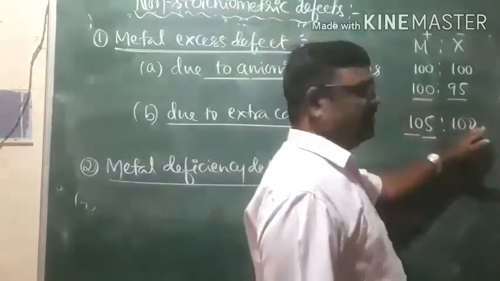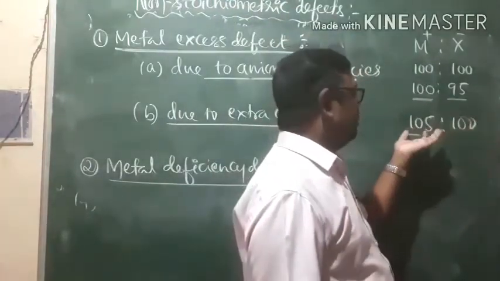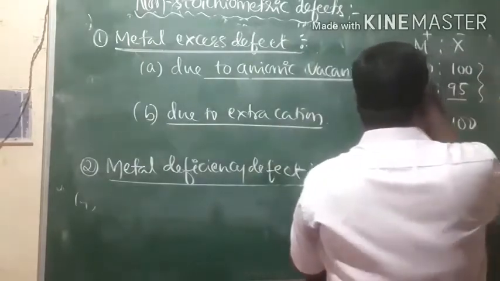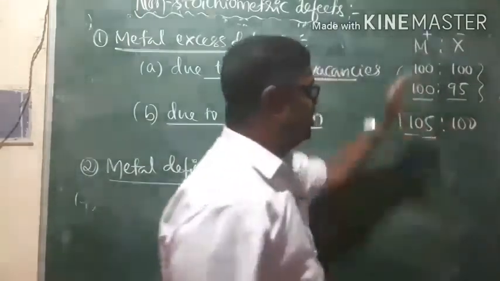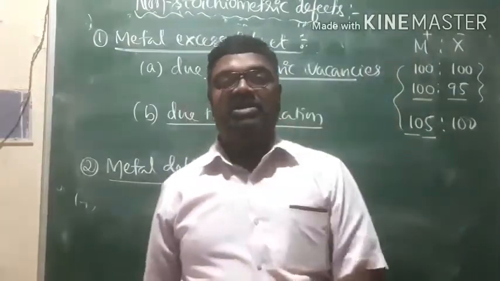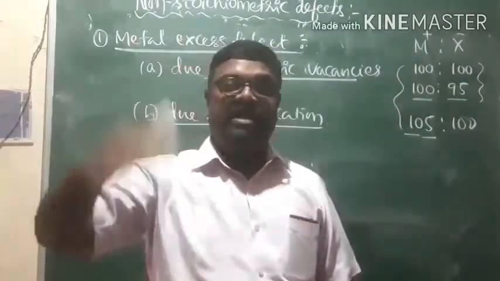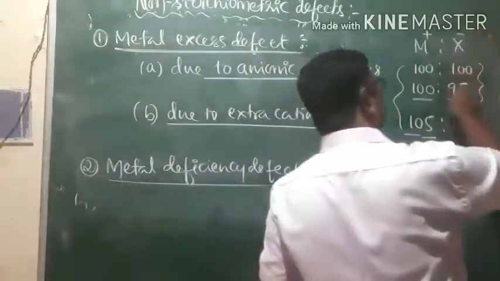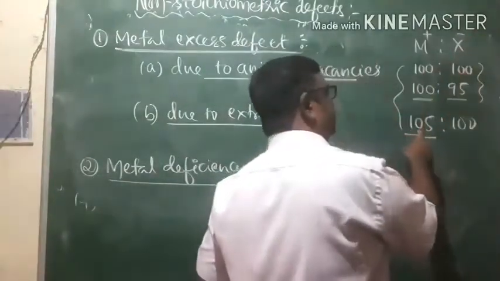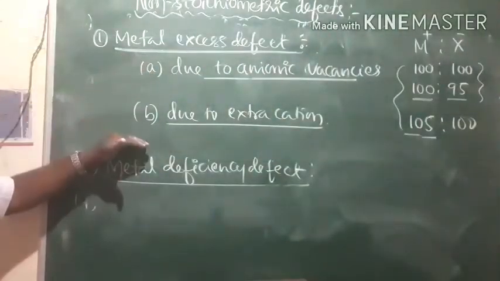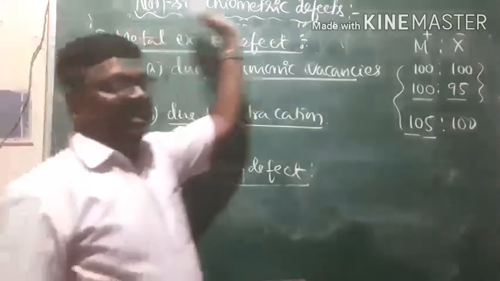Of course, the number of anions will be 100 and the number of cations will be 105. Just observe these two cases. The common observation in both cases is that the number of metal ions, the number of cations, is increased. The number of metal ions is increased by decreasing the number of anions, and by adding extra cations. And these are the two ways with which metal excess defect can be brought about.